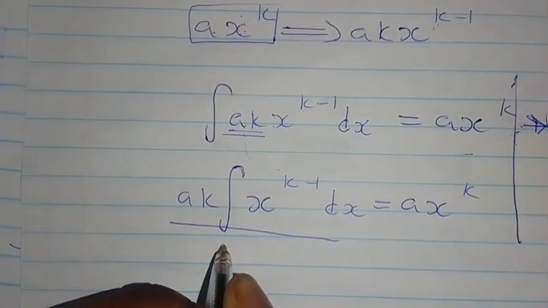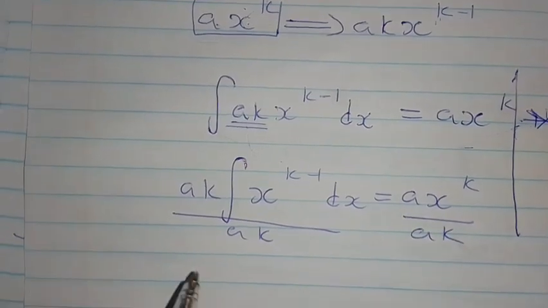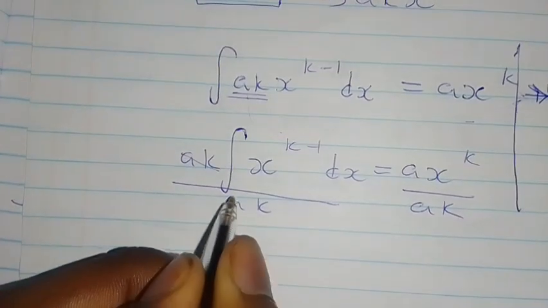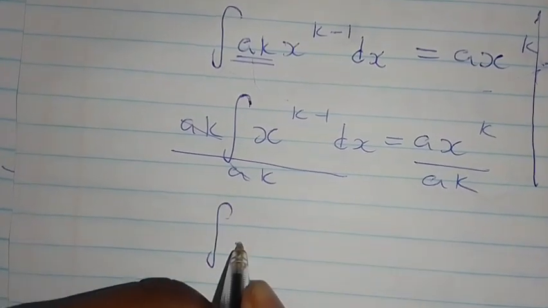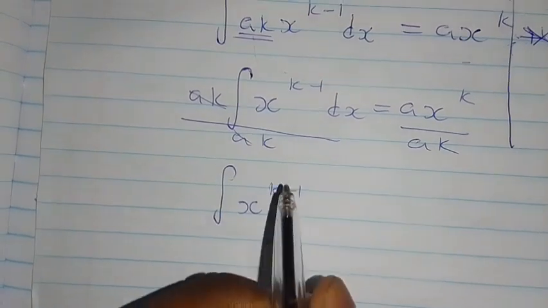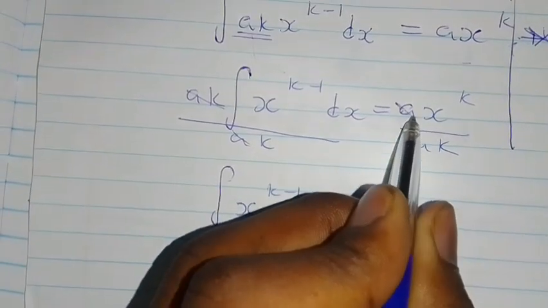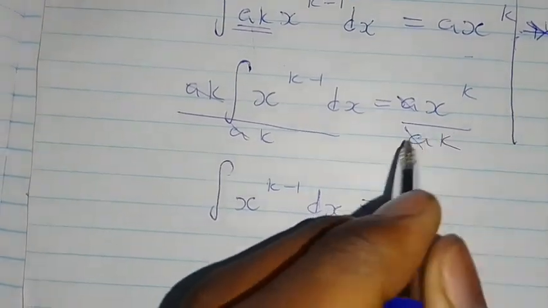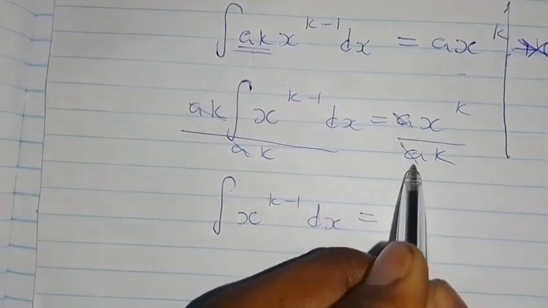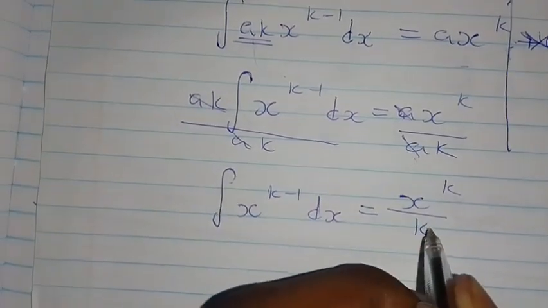Then if you divide both sides by ak, the ak will cancel, and you will be left with the integral of x to the power k minus 1 dx. Then a will cancel a, so you'll have x to the power k divided by k.